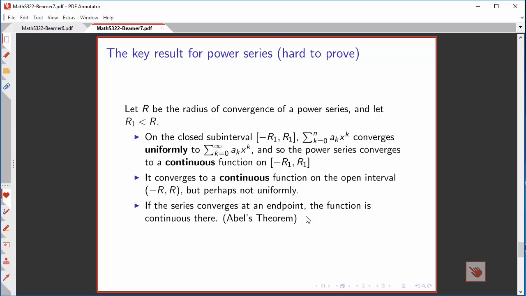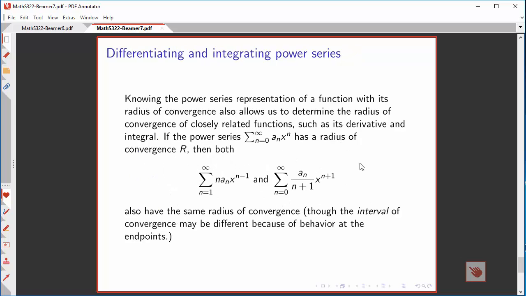It is a very challenging theorem to prove. The proof is done in Ross. We'll look at one example in class, but we will stay away from the proof itself. The result, however, is well worth knowing because, in fact, it gets used in conjunction with functions like the arctangent function.